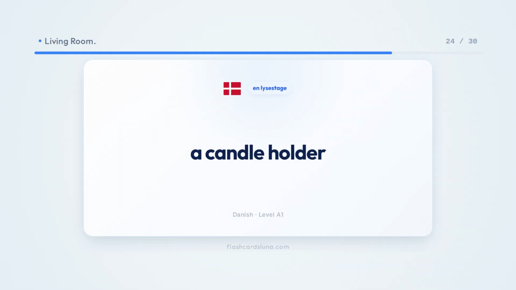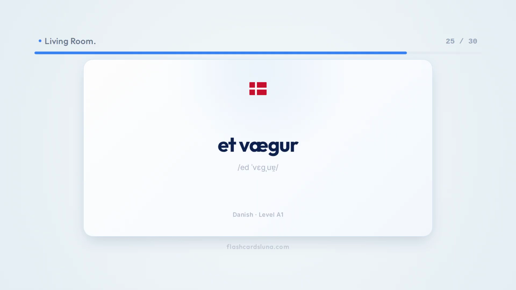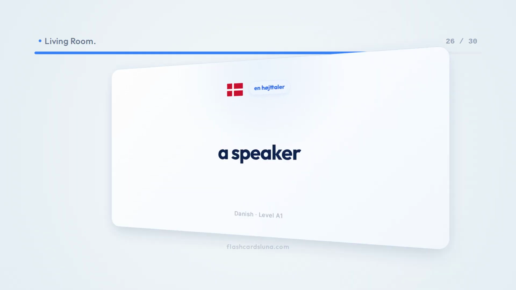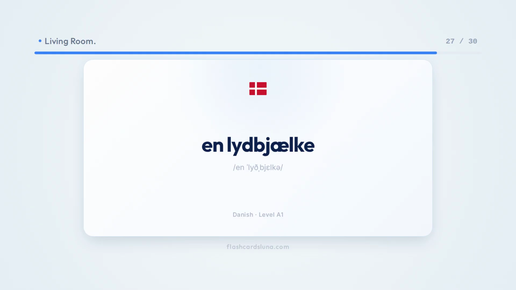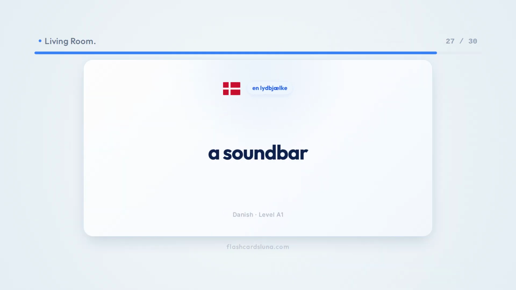A candle holder. Et vægur. A wall clock. En højttaler. A speaker. En lydbjælke. A soundbar.